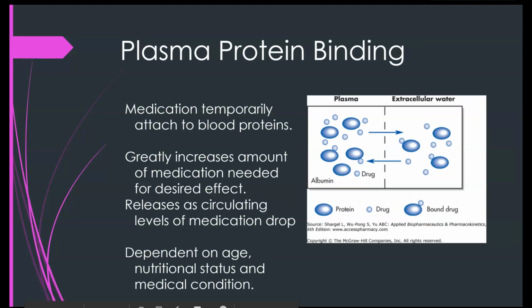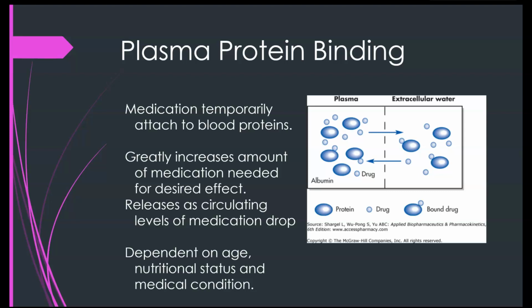Sometimes your medication, depending on what kind of medication, will attach to blood protein, right? So you have albumin, which is a huge part of keeping your plasma inside of your blood vessels. The problem is that if the medication that you're taking binds to that protein, it can't make it to the target tissue because it really enjoys being bound, okay?